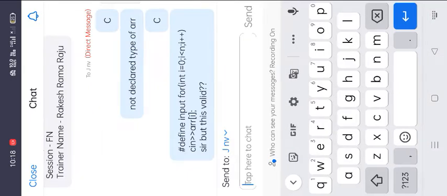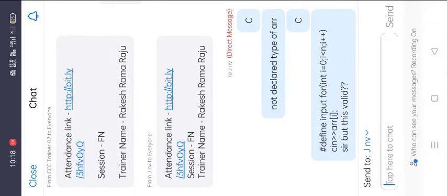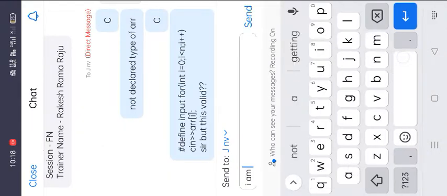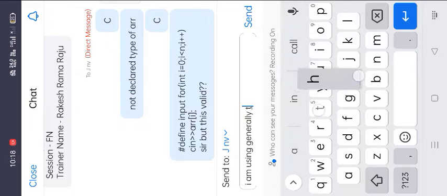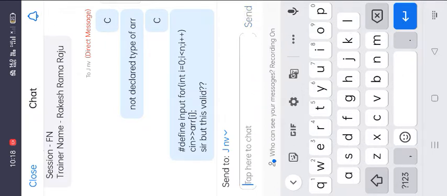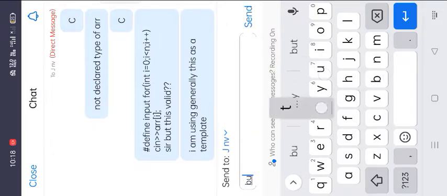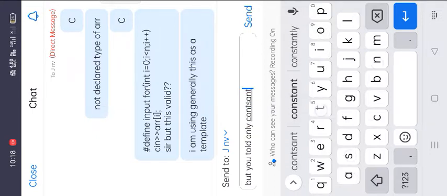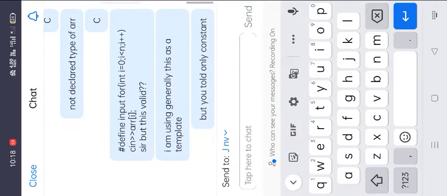Hash input is the alias name for this. For I equals 0, I less than n, I plus plus, scanf in ARR of I. No, not valid, I think so.